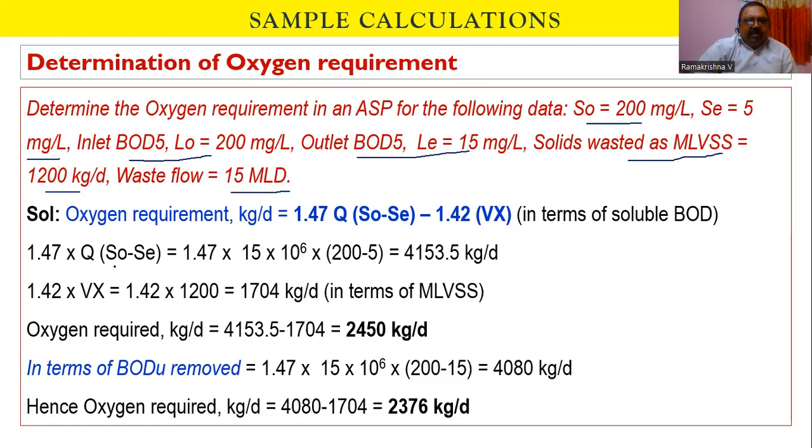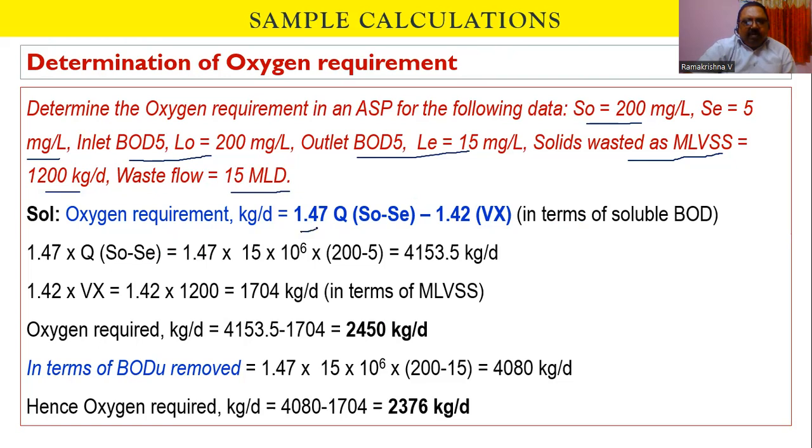So we have the equation: oxygen requirement in kilogram per day equals 1.47 Q (S0 minus Se) minus 1.42 Px, in terms of soluble BOD. If we are going with only effluent BOD, we will be replacing this S0 minus Se with L0 minus Le, that is nothing but your 5-day BOD.